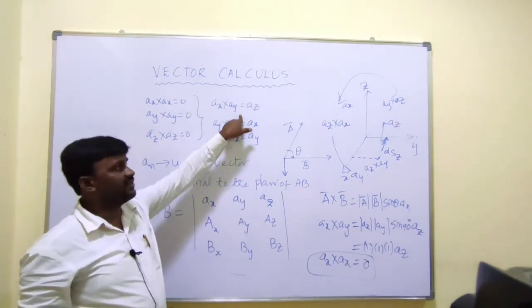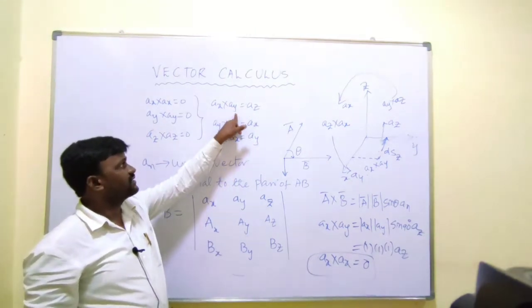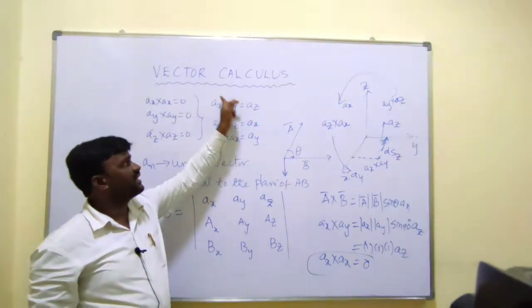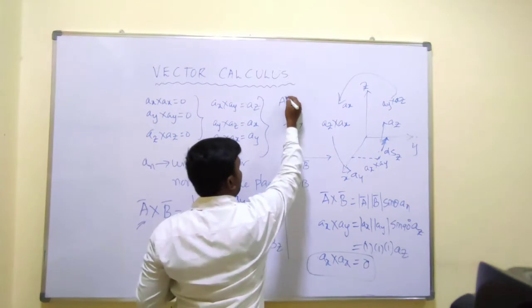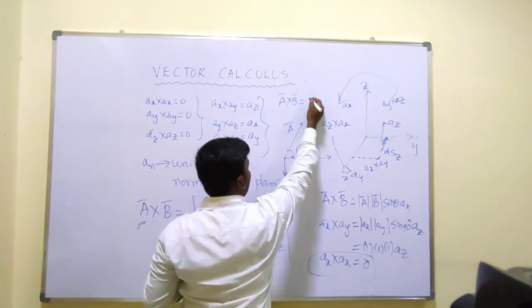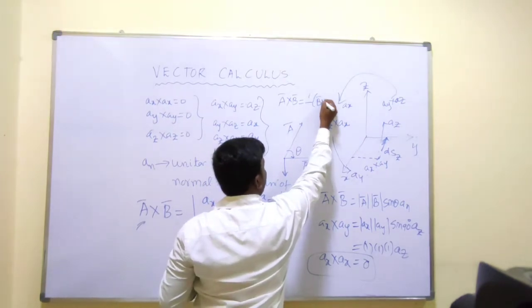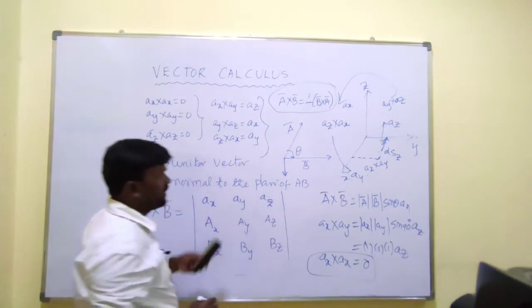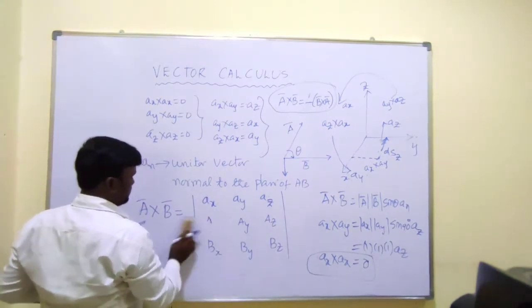Ax cross Ay gives positive z direction, so if I reverse this, Ay cross Ax gives minus Az. Just as a bar cross b bar is equal to minus of b bar cross a bar. Remember these points. This is about the cross product.